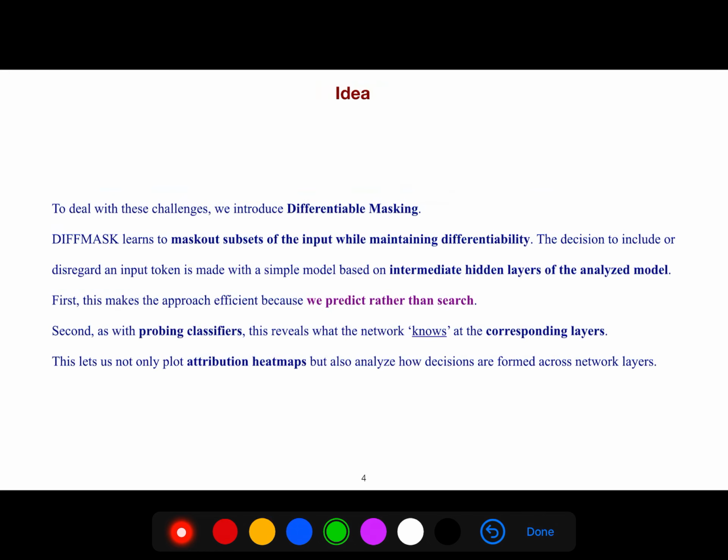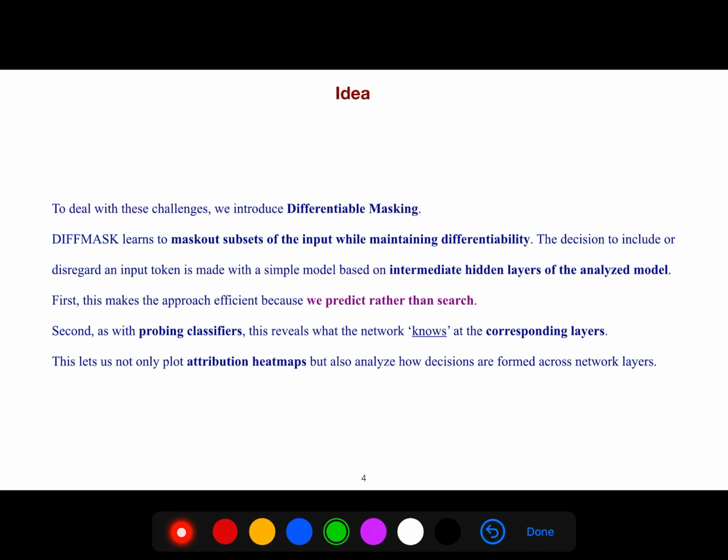So to this end, they introduce differentiable masking, which learns to mask out a subset of the input while maintaining differentiability. The decision to include or disregard an input token is made with a simple model based on intermediate hidden layers of the analyzed model.